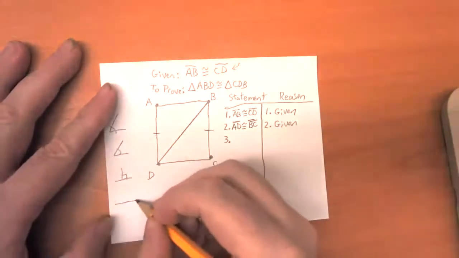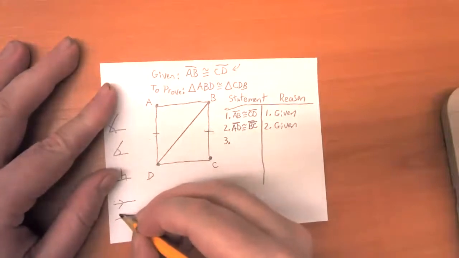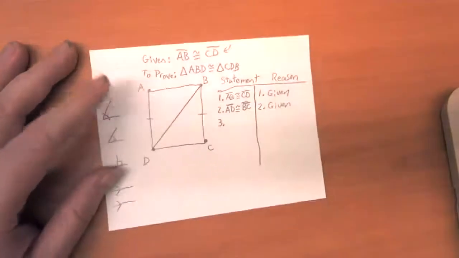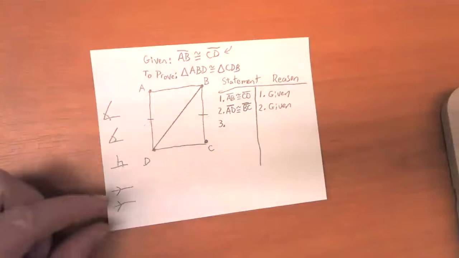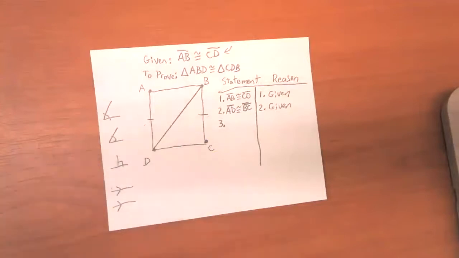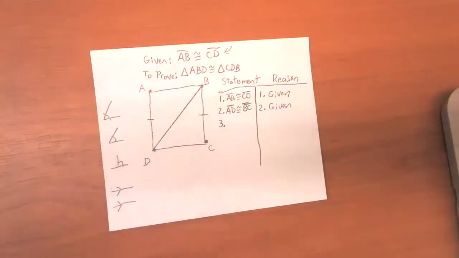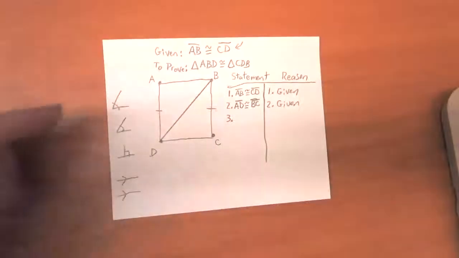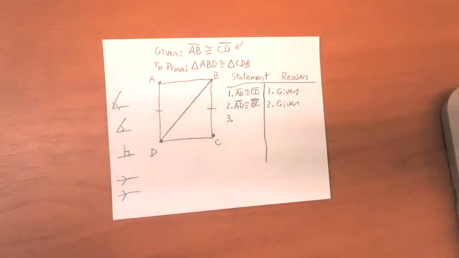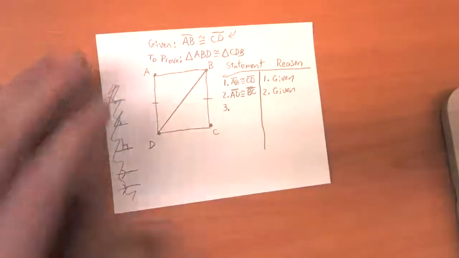And the last thing, which you don't see as often, but it can happen, is if you see two lines with arrows pointed on them like this. This means that these two lines are pointed in the same direction, and so we can infer from this symbol that the two sides are parallel. So this is an example of all of the different markings you might see on a geometry diagram and what you can infer based on that.